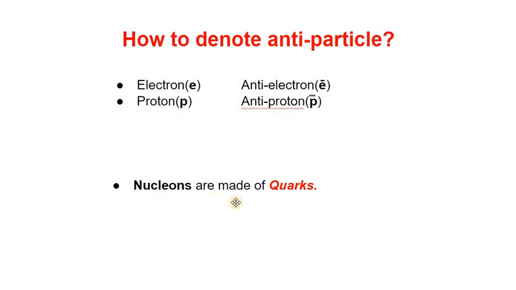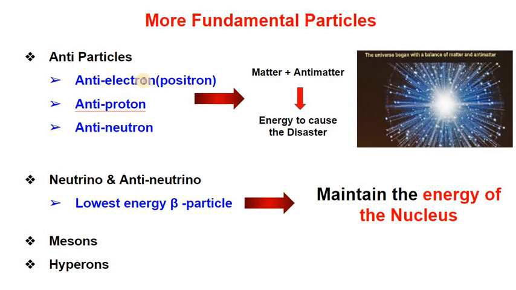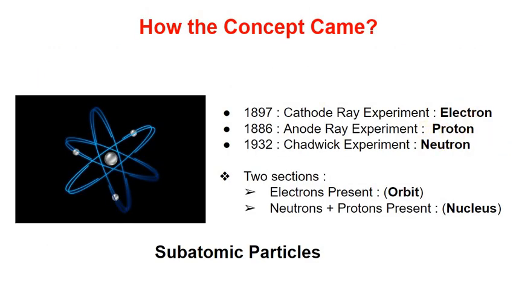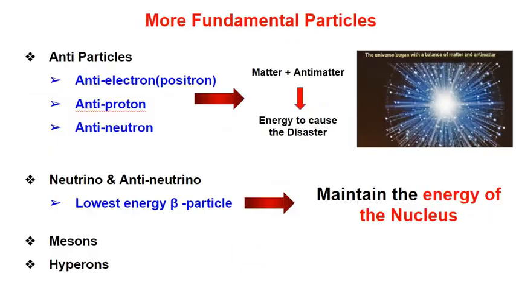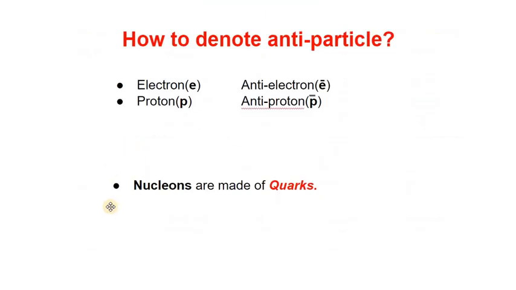So for nucleons, we now know that electron, proton, neutron are subatomic particles. But there are some smaller particles that scientific experiments have now proved. Nucleons means protons and neutrons, the particles which are present in the nucleus.